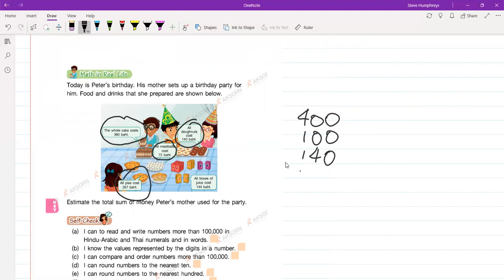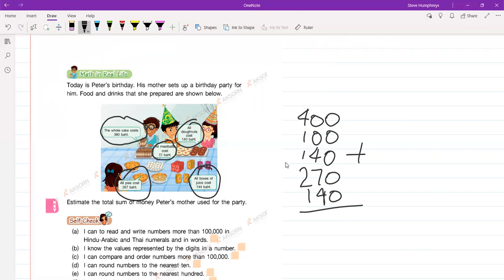I rounded it to the nearest 10, 270. And boxes of juice cost 144 baht, rounded that down to 140. This will give me my estimated total sum of money Peter's mother used for the party.